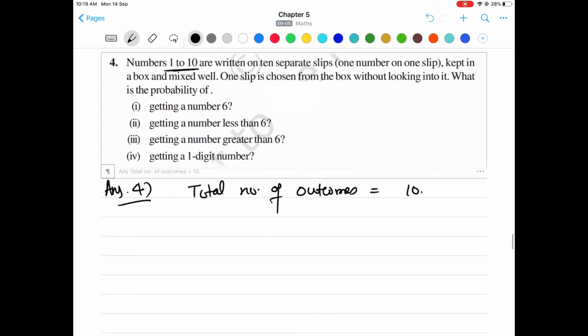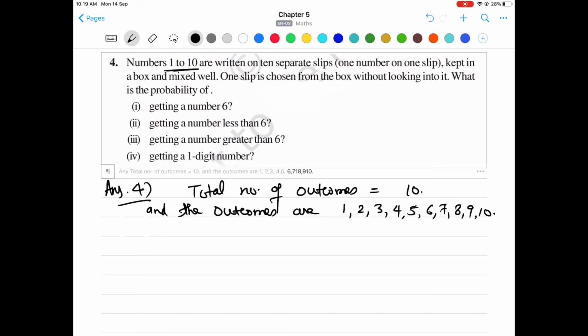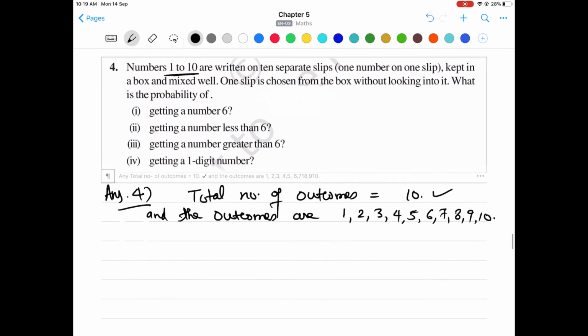And the outcomes are the numbers 1, 2, 3, 4, 5, 6, 7, 8, 9 and 10. So these are the outcomes and this is the total number of outcomes.